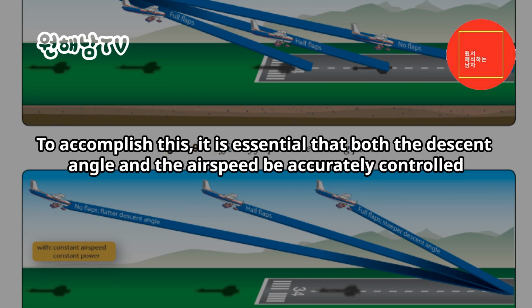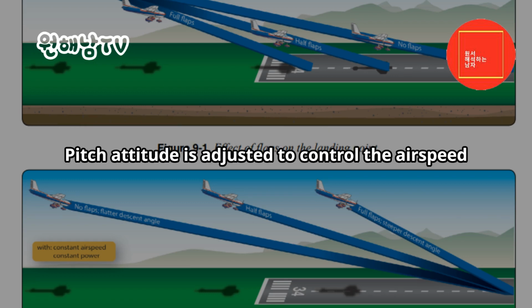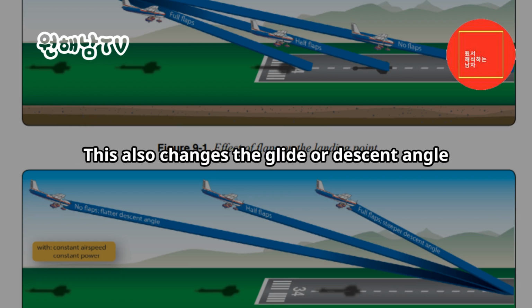To accomplish this, it is essential that both the descent angle and the airspeed be accurately controlled. Unlike a normal approach when the power setting is variable, on a power-off approach the power is fixed at the idle setting. Pitch attitude is adjusted to control the airspeed. This also changes the glide or descent angle.